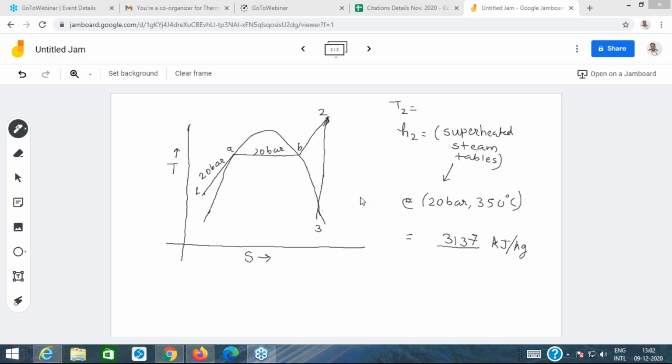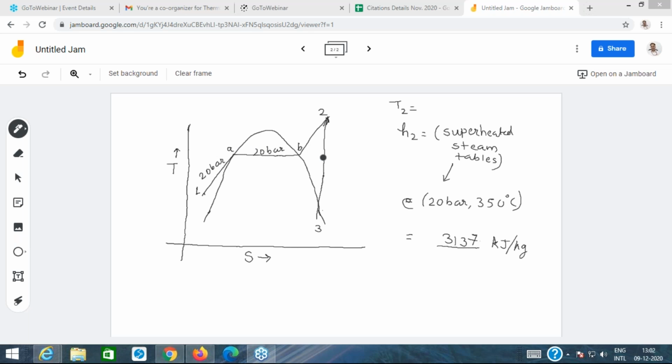Tejas has got it. Okay, Rushali has got it.